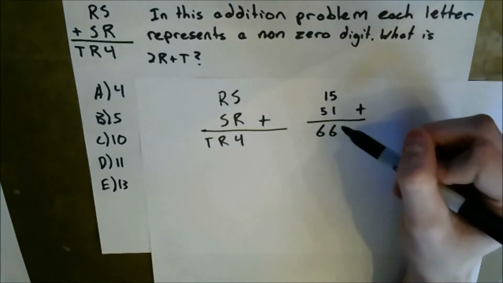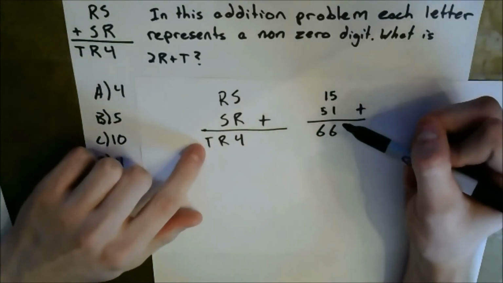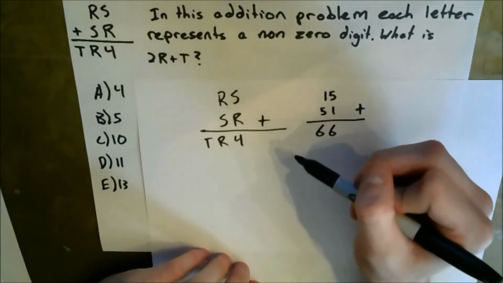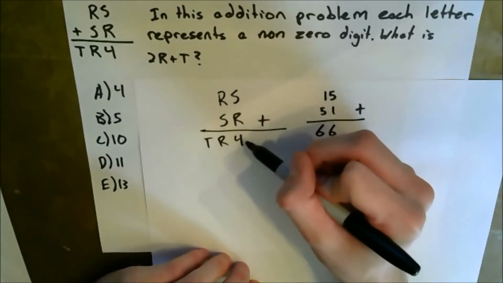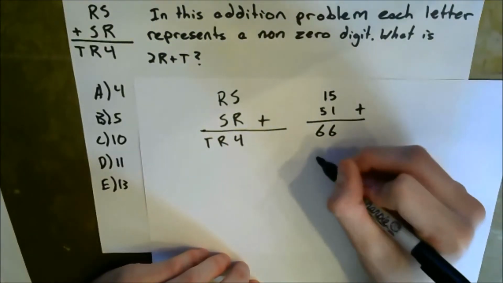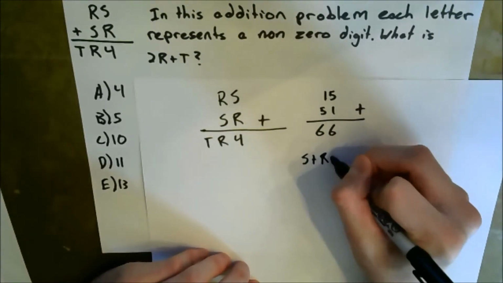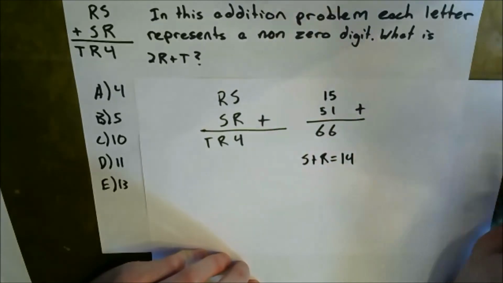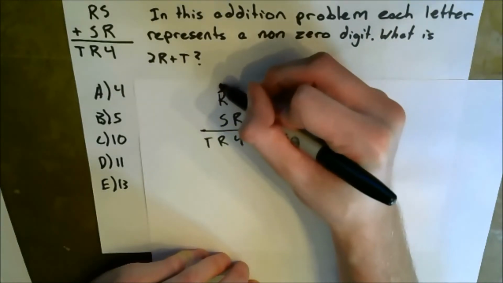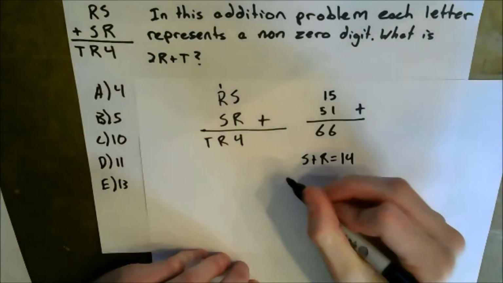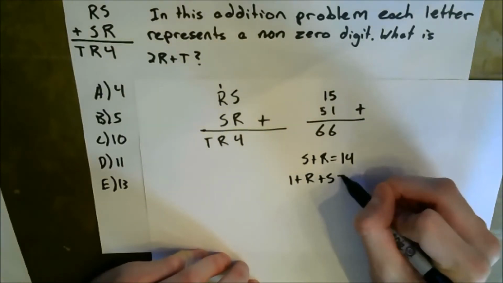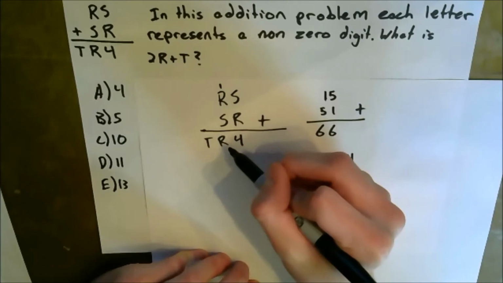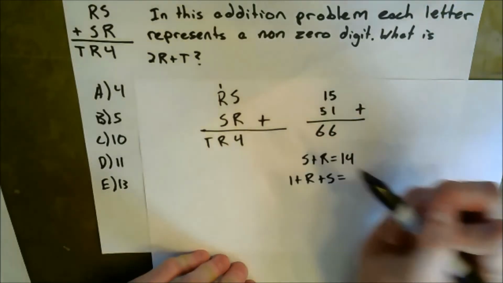So already we see, because the answer is 3 digits, that s plus r is going to have to be greater than 10. And in fact, s plus r is going to have a 4 in the ones digit. So we can see right here that s plus r equals 14. Then we would carry the 1 over, and then 1 plus r plus s would have to have the ones digit equal to r.